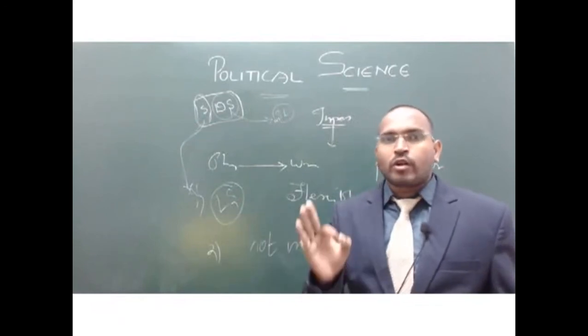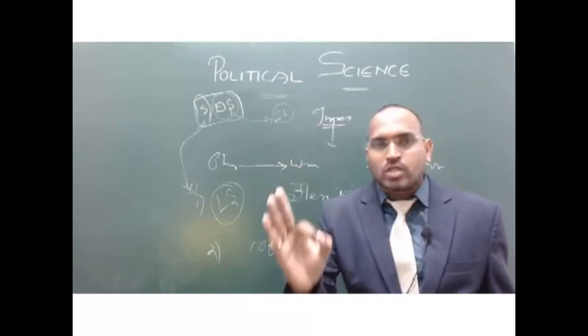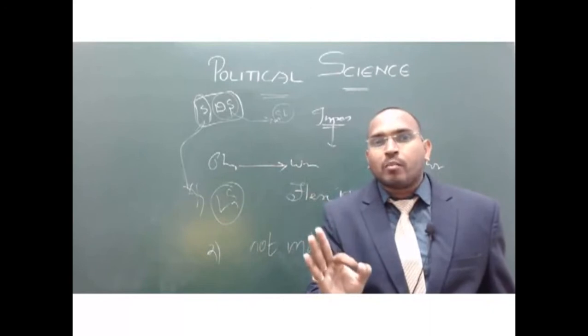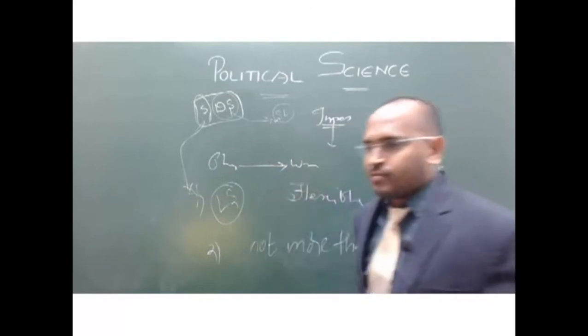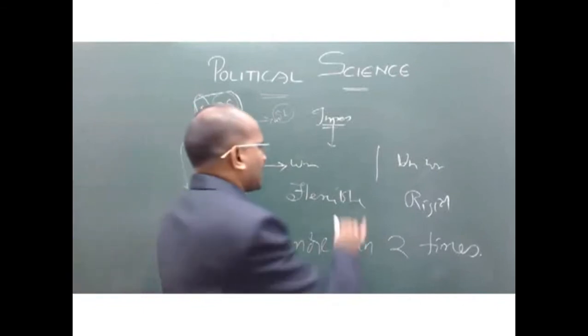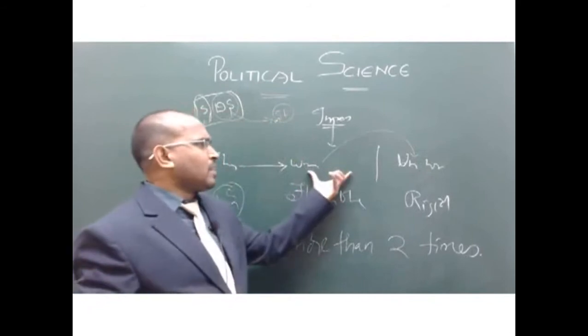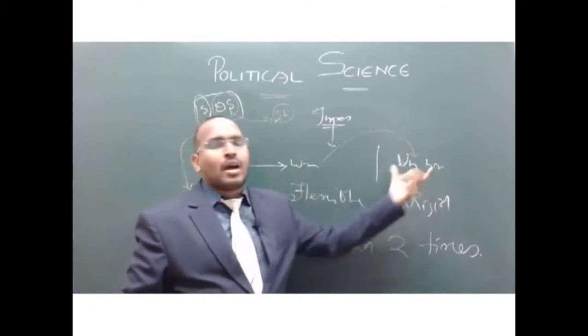So from this we can tell the Indian Constitution is a written constitution, but with some unwritten aspects. The majority part is written, the minor part is an unwritten concept.